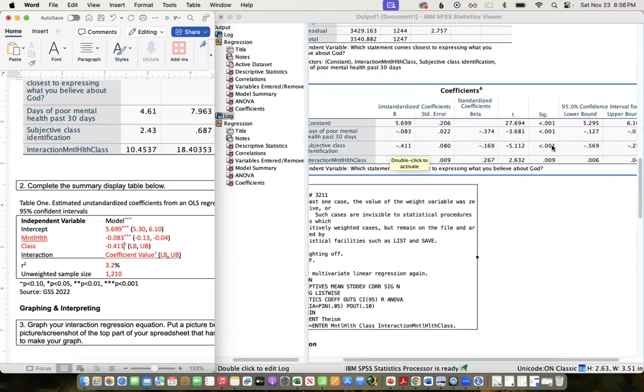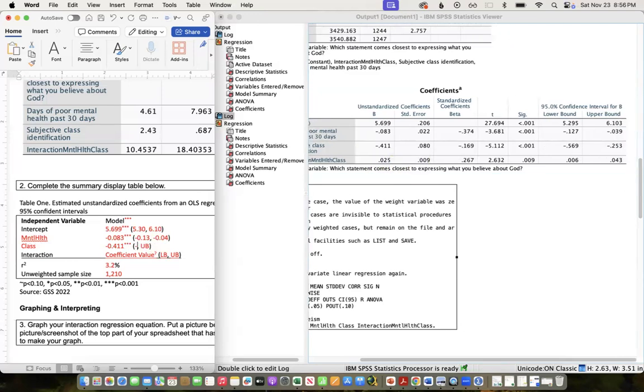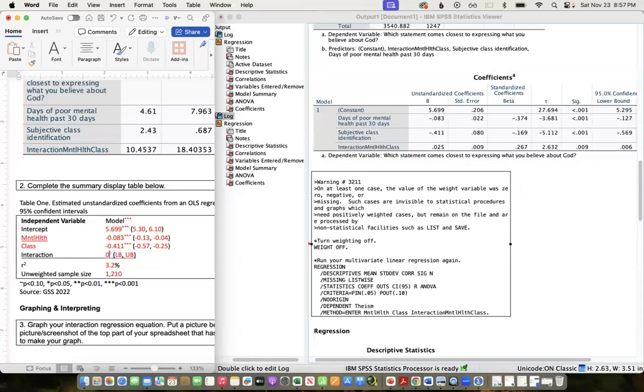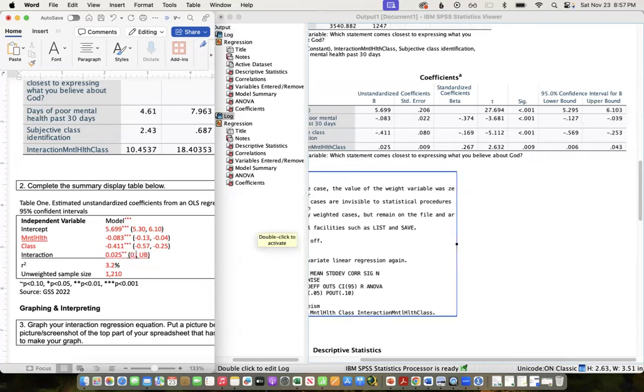P is less than 0.001. And my confidence interval. Now I have my interaction. So here's my slope for the interaction. P is 0.009. So that's not less than 0.001, but it is less than 0.01. So we're going to put two asterisks there. And then my confidence interval.